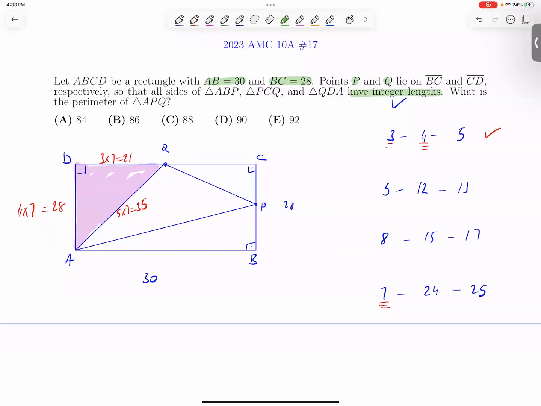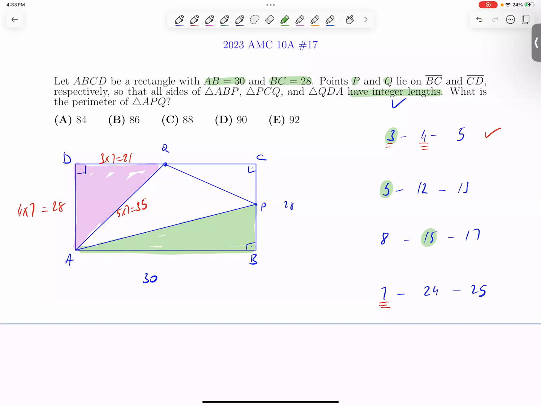And let's focus on the second right triangle, where we have a leg of 30 here. Integer side lengths, leg is 30. And 30 is a multiple of 3, a multiple of 5, and a multiple of 15. 30 is the length of the rectangle, and we have a width of 28.